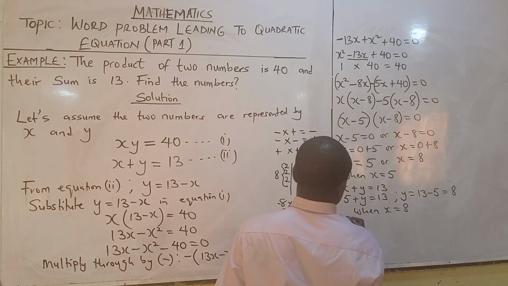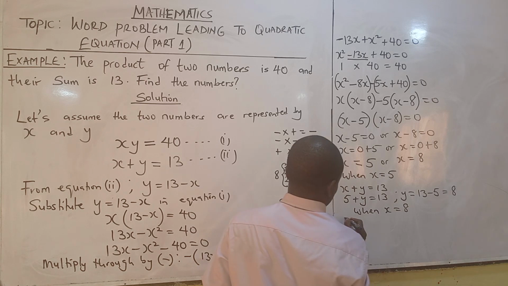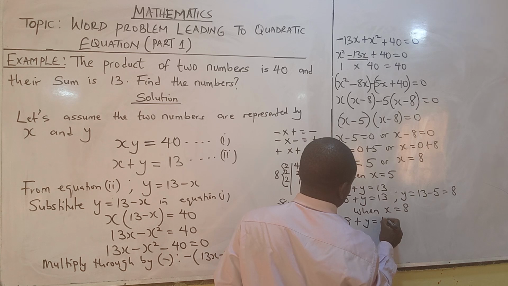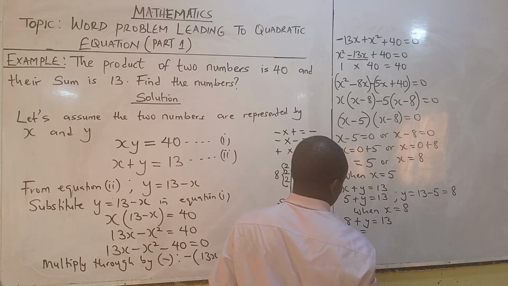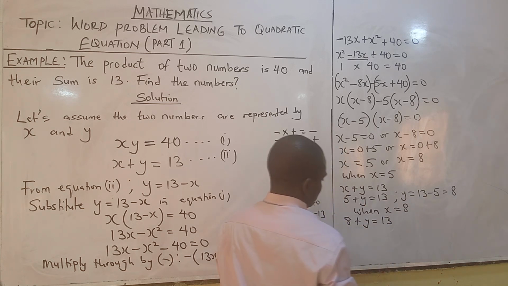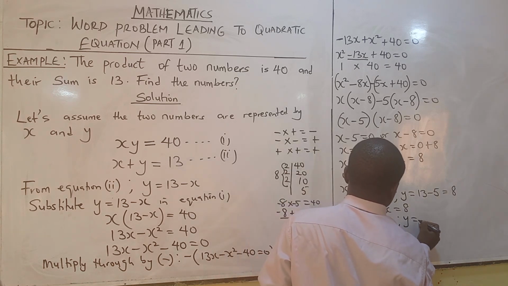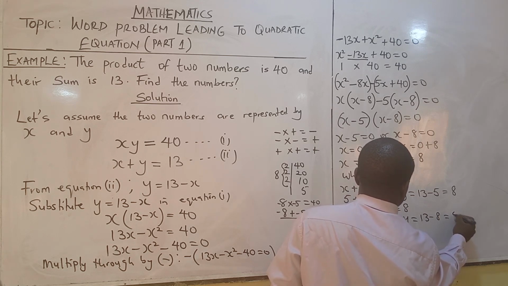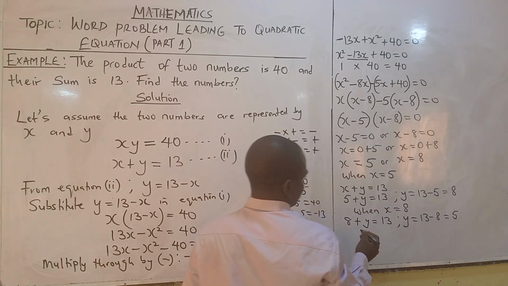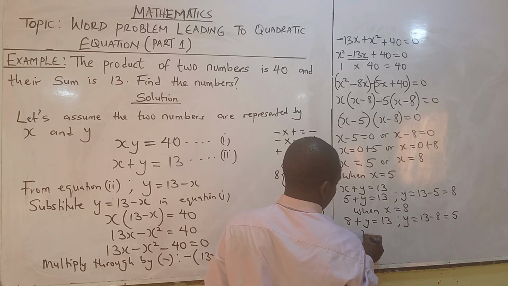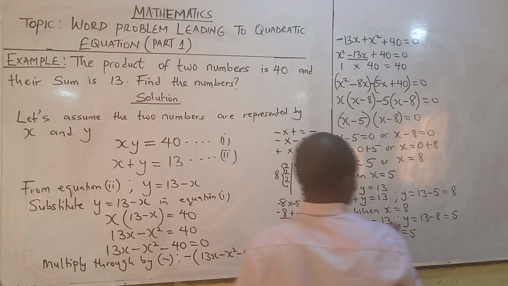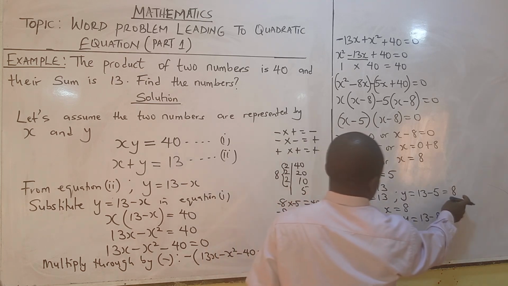When x equals 8, we still use the same equation. We have 8 plus y equals 13. y equals 13 minus 8, which equals 5. Therefore, when x equals 8, y equals 5, and when x equals 5, y equals 8.